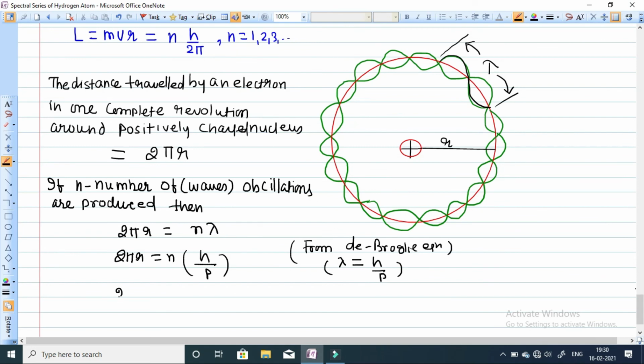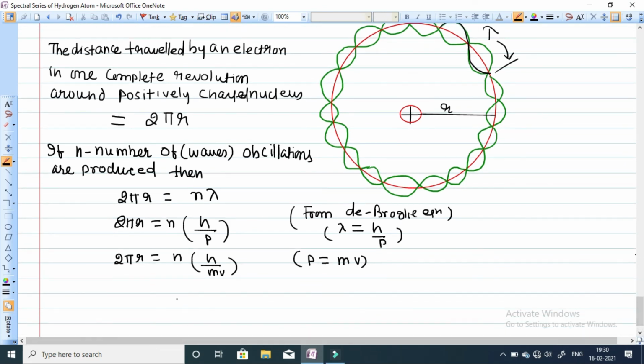If the mass of the electron is m and it is moving with a linear velocity v, then its momentum will be equal to m into v, the product of mass and velocity. Just rearrange this equation, bring mv towards the left and 2 pi towards the right.